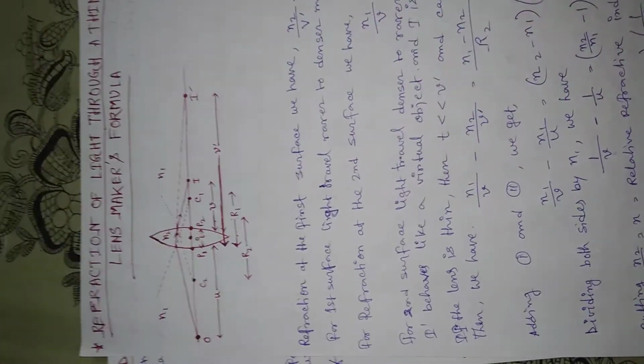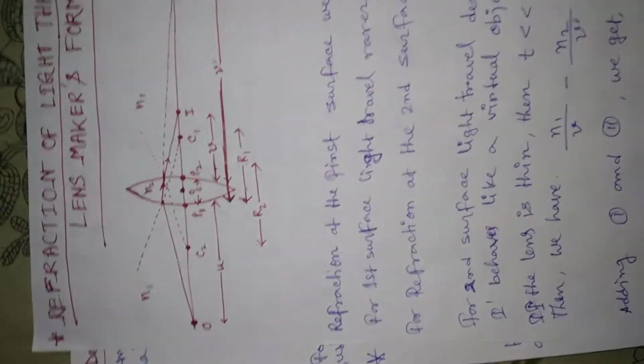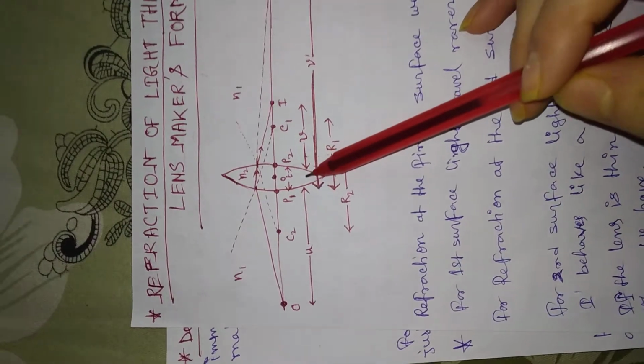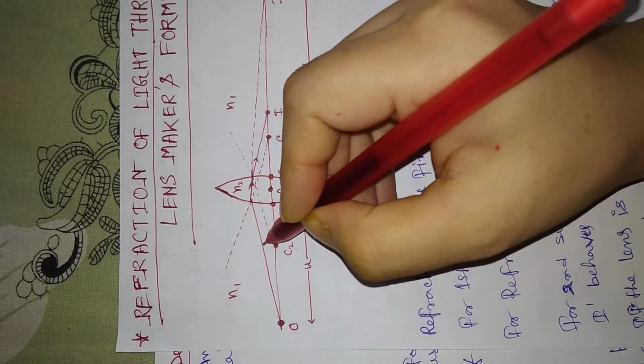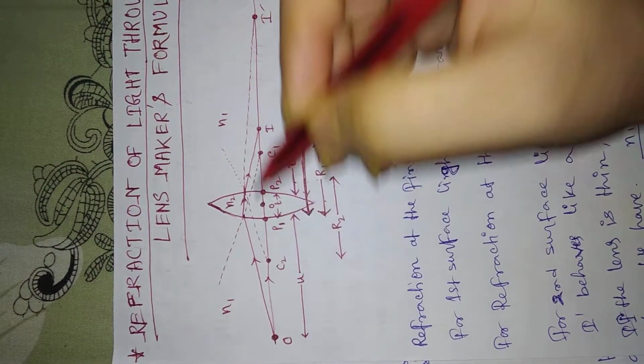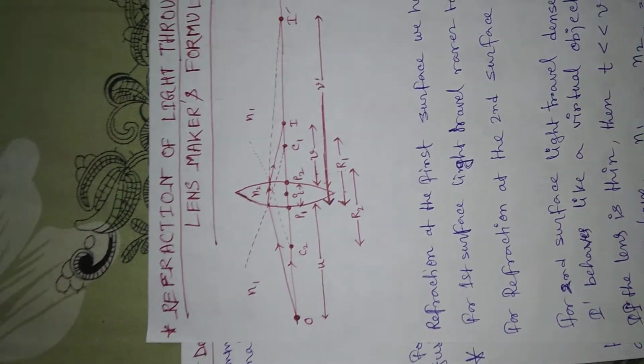In this topic we will derive the Lens-Maker formula, not prove, derive. Okay, so here just look at this picture. This is our lens. Here I am taking a point object and these are the directions of light.